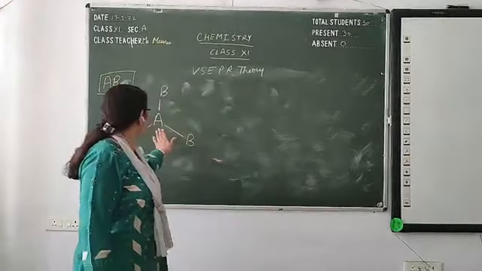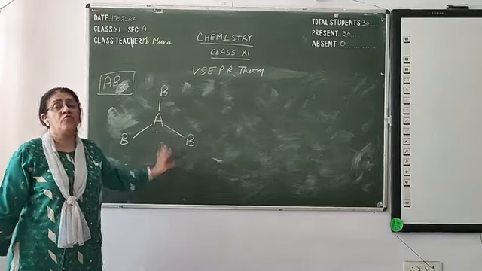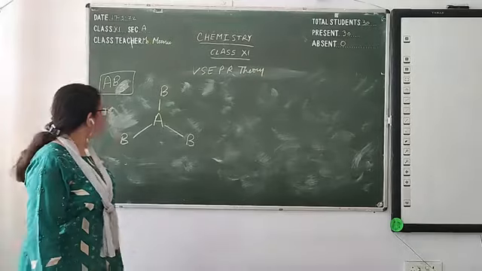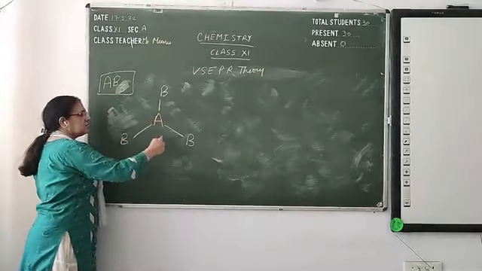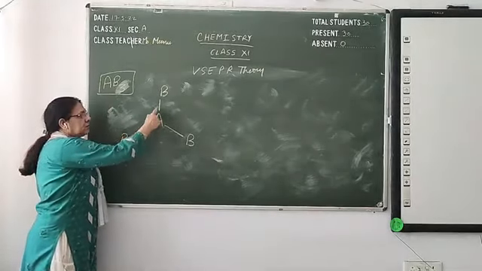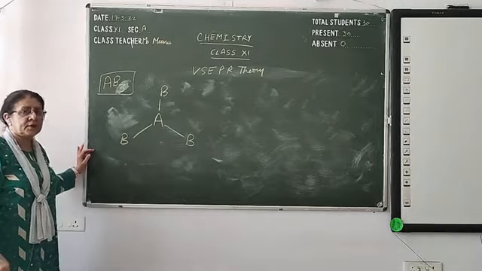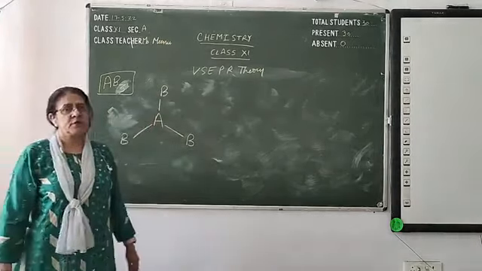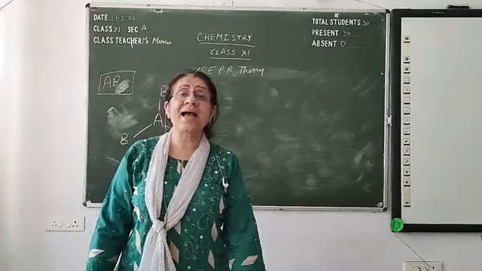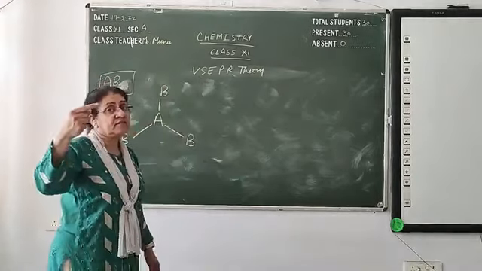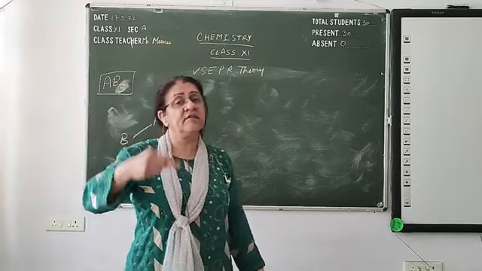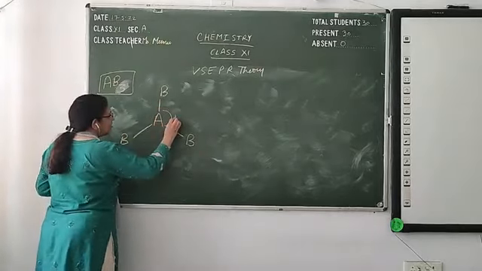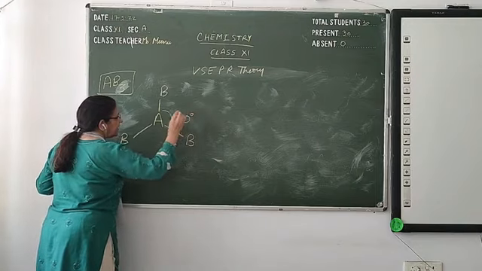Now, in this case, can you tell me what will be the bond angle? This total is going to be 360 degree. So, we have got 3 B atoms. When we see the angles, it will be 360 degree divided by 3. That means this will be 120 degree.